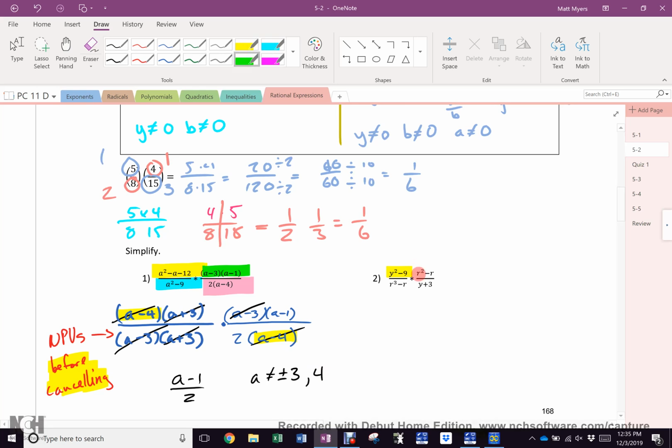Where is there factor options in number 2? Yellow, what is it? What's next? There's no other factoring in that one? There's no other factoring in number 2.